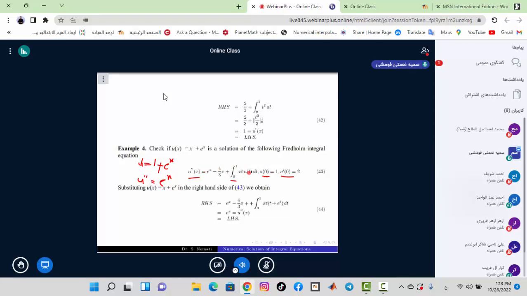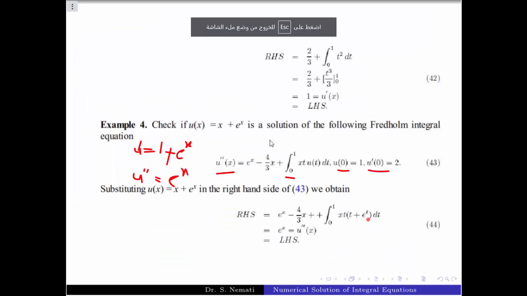Let's check the right hand side of this equation with this u of x. Here we substitute the function t plus e to the power t instead of u of t and compute the integral and simplify the result.